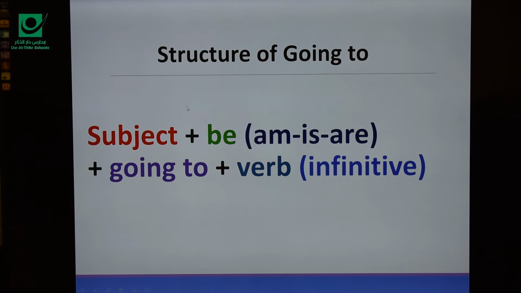For example, I am going to study. So, subject, verb to be (am, is, or are), plus going to, plus bare infinitive. I am going to study. I am going to visit.